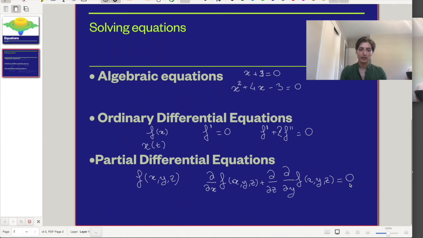And again, as in the case of ordinary differential equations, I can compose all these derivatives and make very complicated problems that we'll try to look at when we look at partial differential equations.